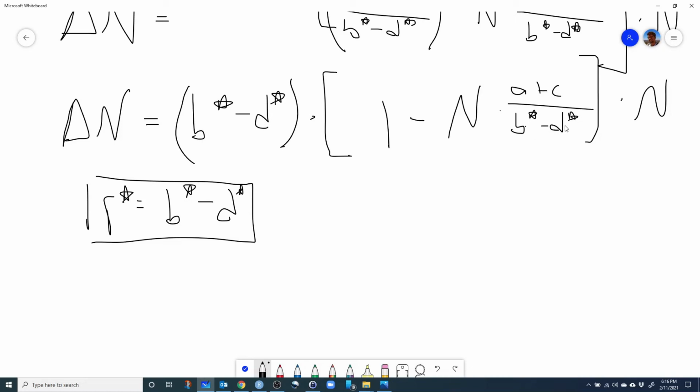These are all constants. What can you do if you put a bunch of constants together? Is that also a constant? It is, so we can simplify by making this all into one constant. In fact, what we're going to do is define a constant that's B star minus D star over A plus C. And we're going to call that equal to a constant, and we're going to name it K. And you guessed it, that is carrying capacity.